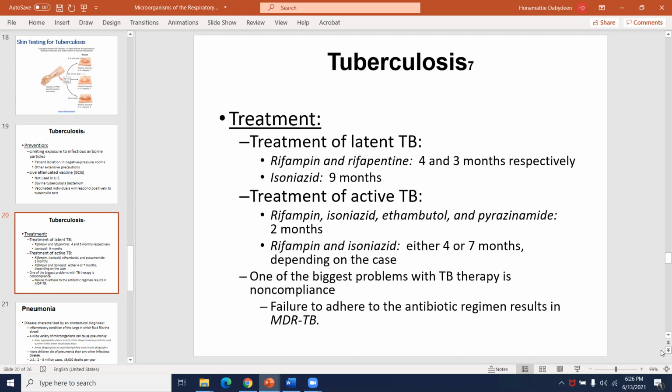And what comes out of this non-compliance is the biggest problem, which is MDR TB, multiple drug resistant TB. Now, if TB is resistant to all the drugs you have on the market, obviously you can't treat that TB.